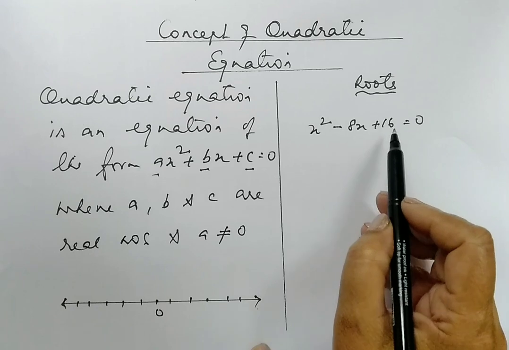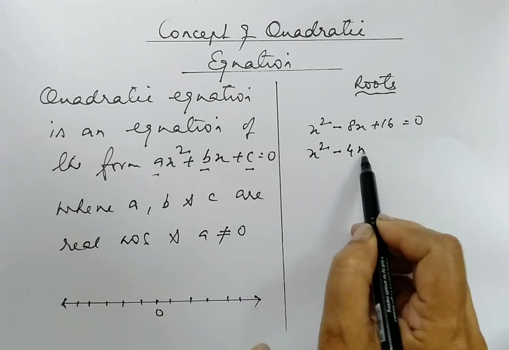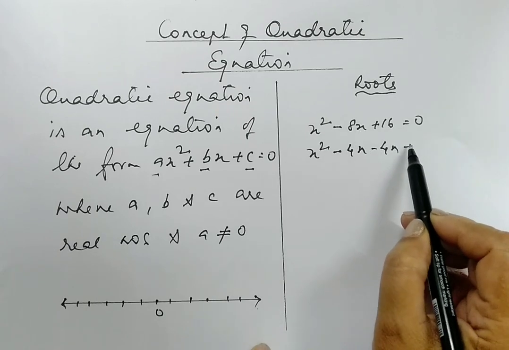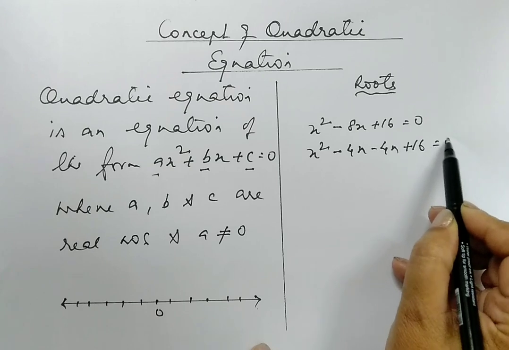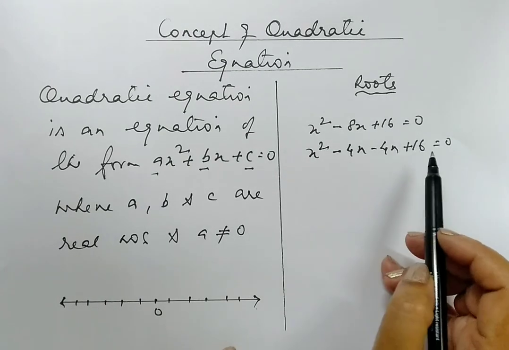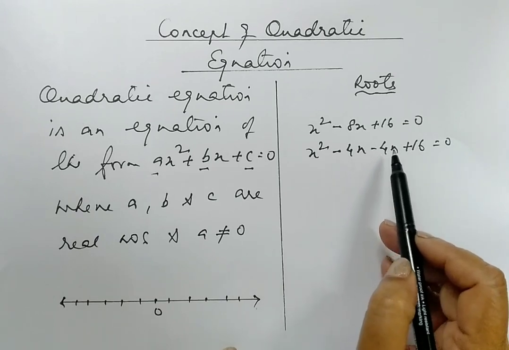Here what we can do is we write x square minus 4x minus 4x. We have split this into 2. Conditions apply. You can't do it through any random method. Why did I choose 4 and 4 with minus sign over here?